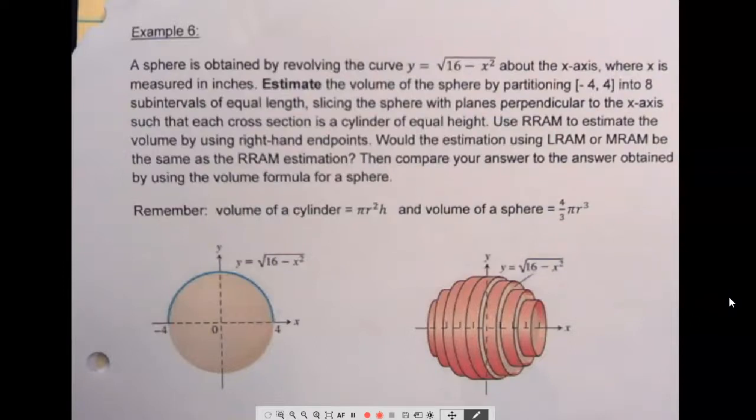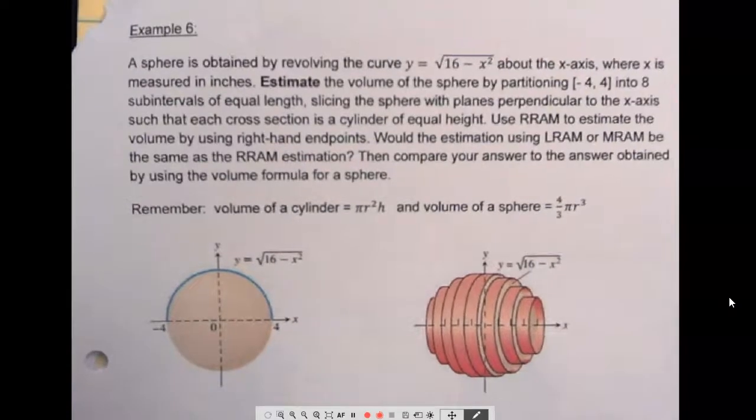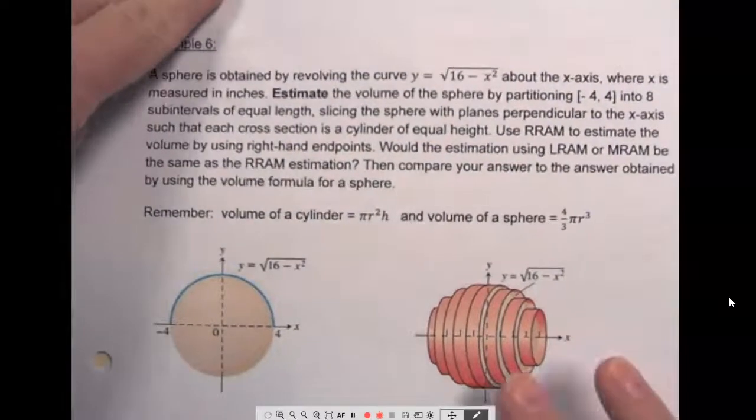Use right RAM to estimate the volume by using right-hand endpoints. Would the estimation using left RAM or mid RAM be the same as the right RAM estimation? Then compare your answer to the answer obtained by using the volume formula for a sphere. You got all that? No.